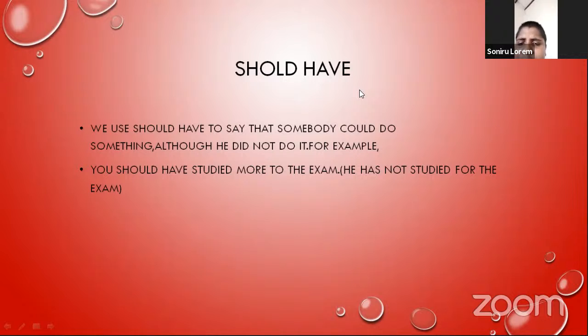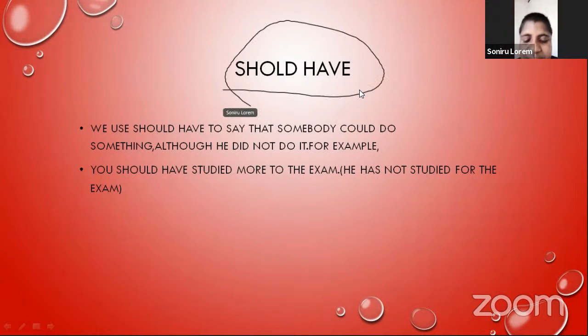So, when we use this should have, we use should have to say that somebody could do something although they did not do it. Can you hear me? Yes, Soniru. Sorry for the interruption. Can you hear me?